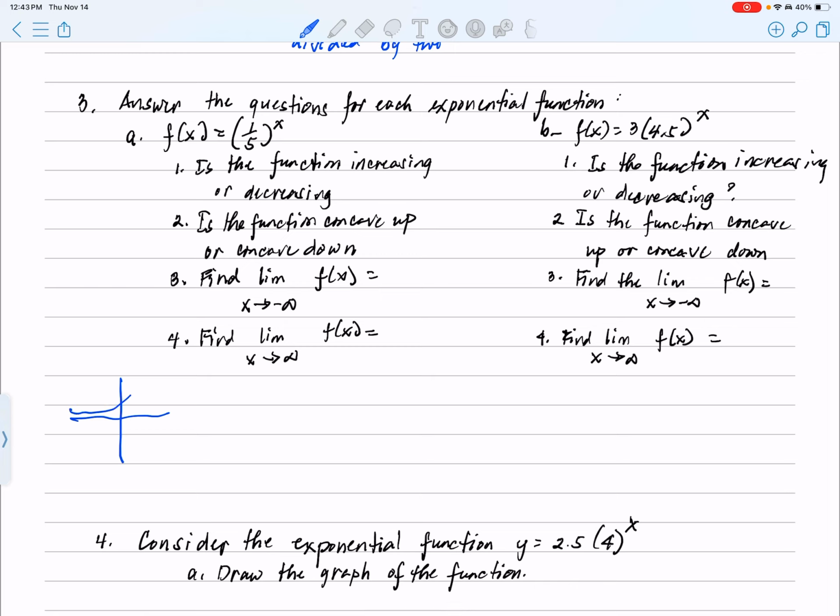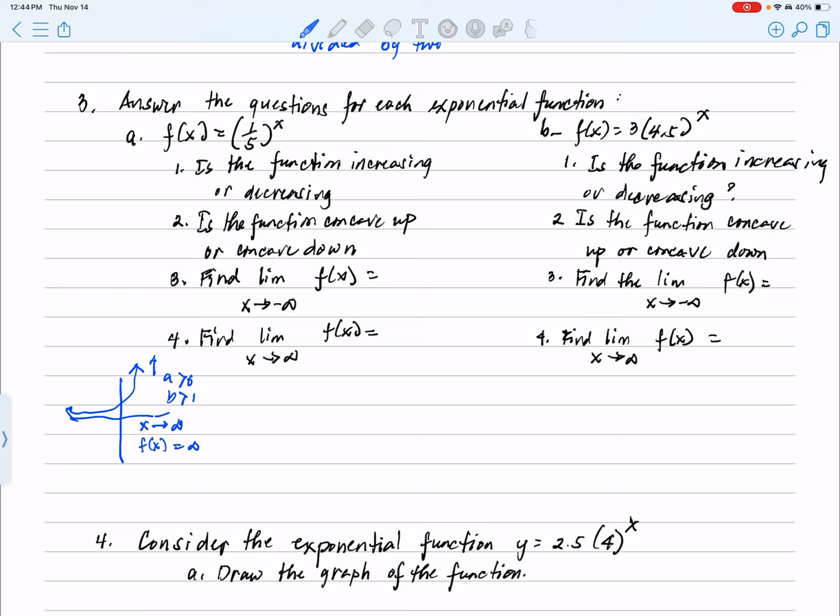Remember in the previous video, when a is greater than 0 and b is greater than 1, the graph goes curving up and opens up left. So as x approaches positive infinity, what happened to the function? Looking at that going up, the function approaches positive infinity.